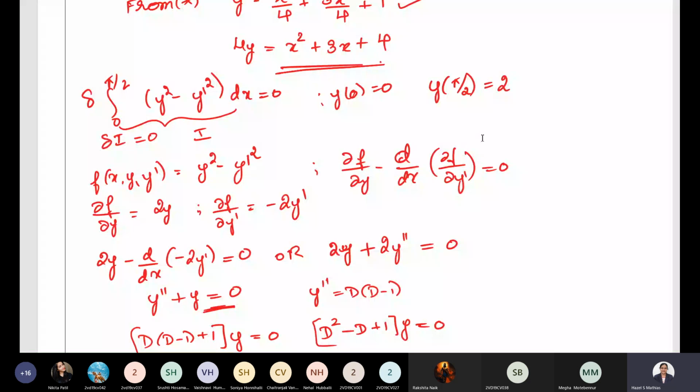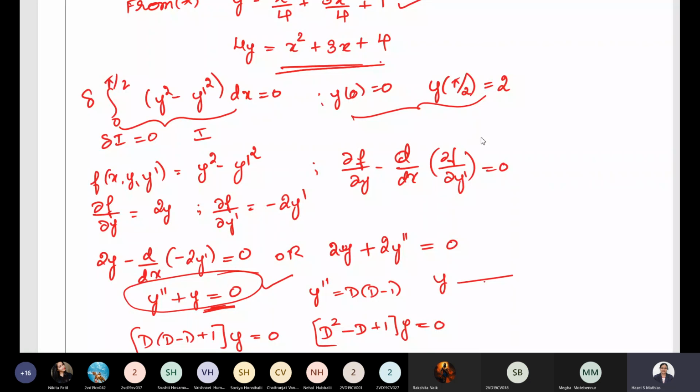Anybody? Please go through the second semester book and find the solution of this. So this is a homework for you all. Please note down this. You need to solve this. First, you need to find the solution of the homogeneous equation we have got. You will get an equation.